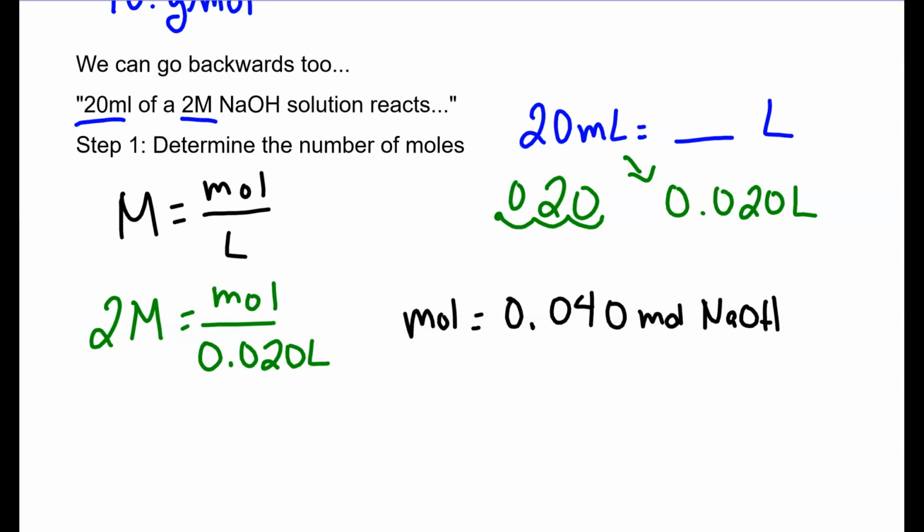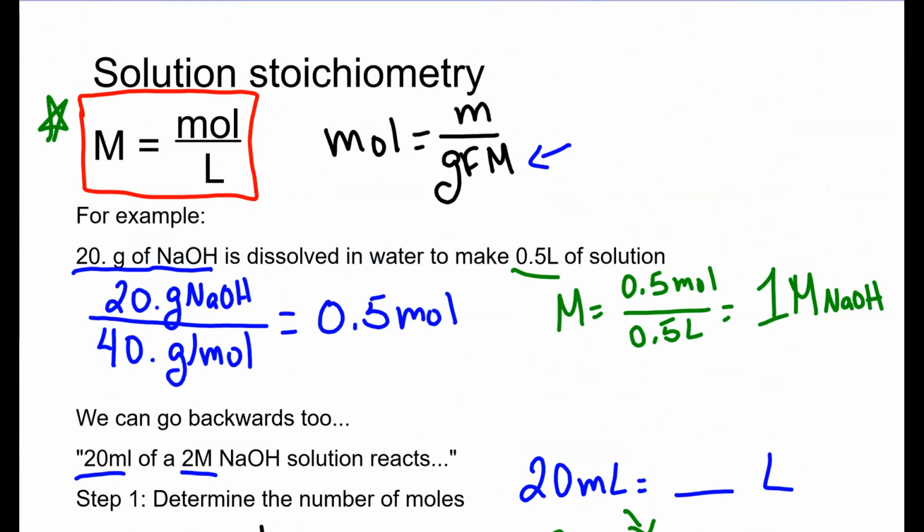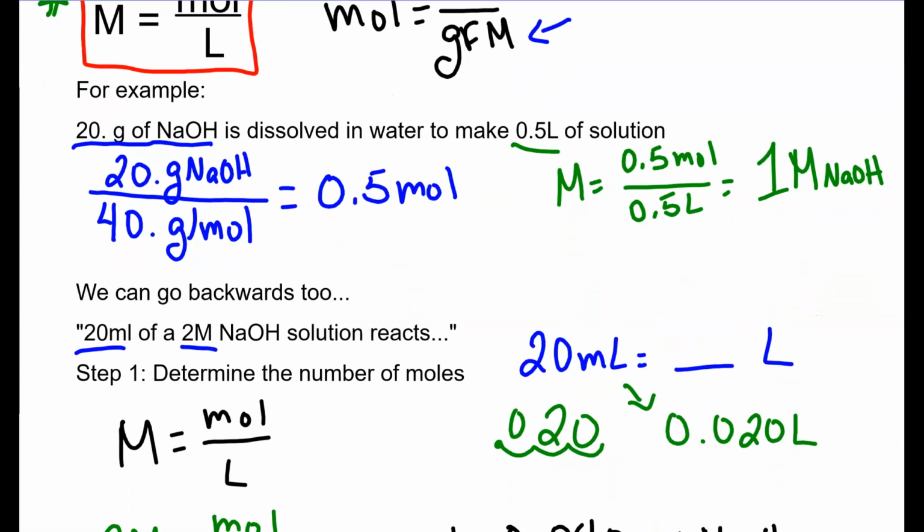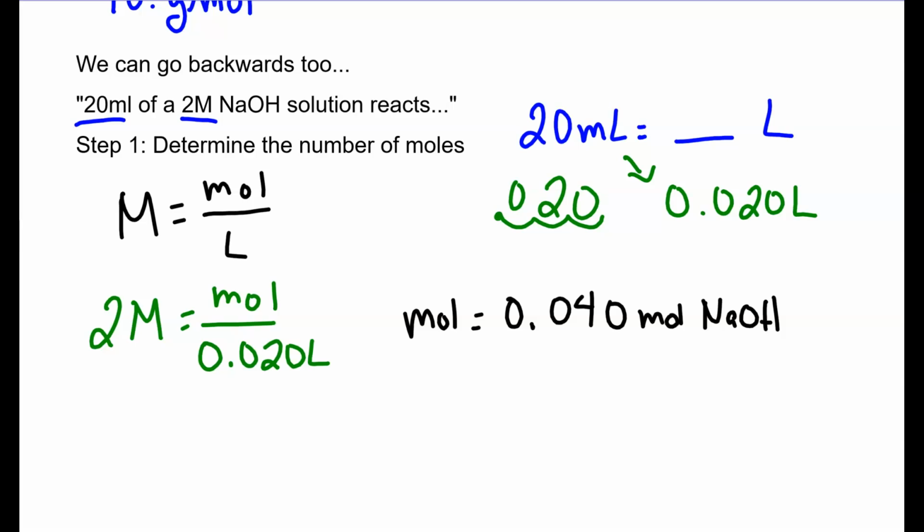Now, let's say that the question wanted you to find the mass. Usually with solution stoichiometry, that won't be the case. But in this example, what if you were asked to find the number of grams that 0.040 moles contained? Then you would go back up to the mole calculation, and you would use that in order to determine the mass.